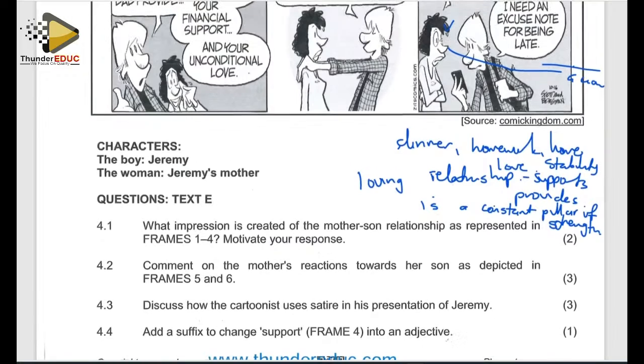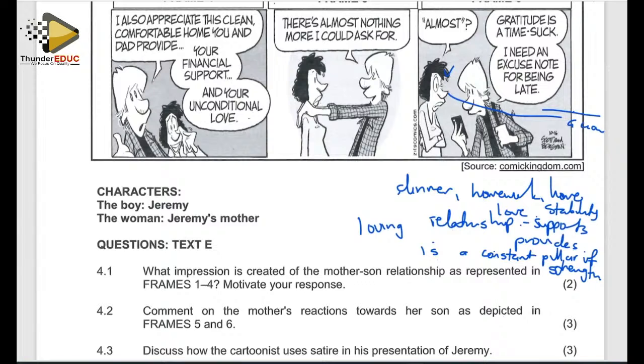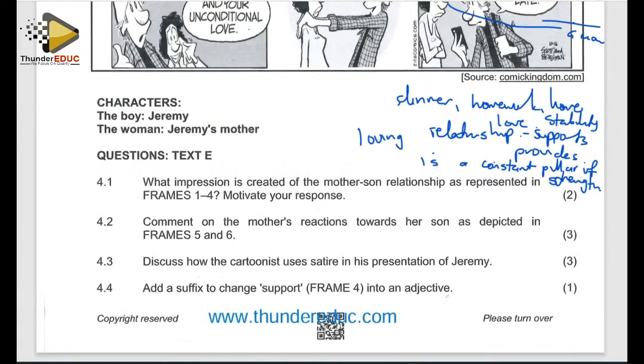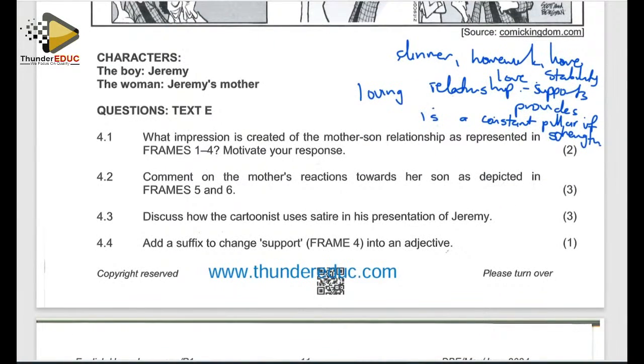And then in the final frame, we realize Jeremy is failing to manage himself because he is late and now wants to find an excuse for being late. Everything he does depends on the mother, and therefore he is not independent. As a result, he is dependent on the mother. So this is dependency on the parent for everything.